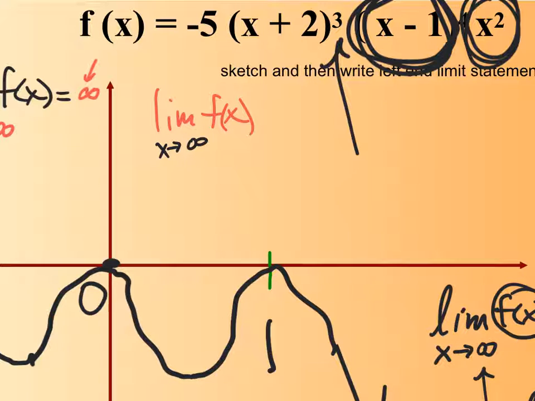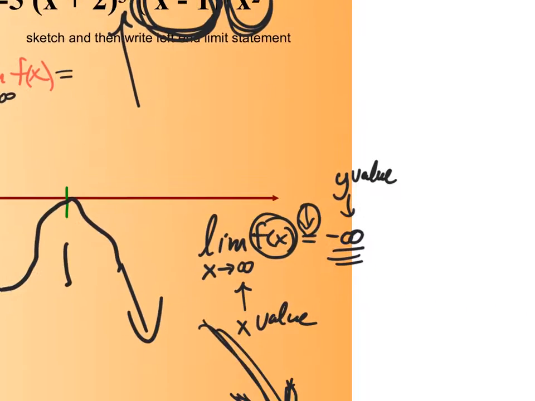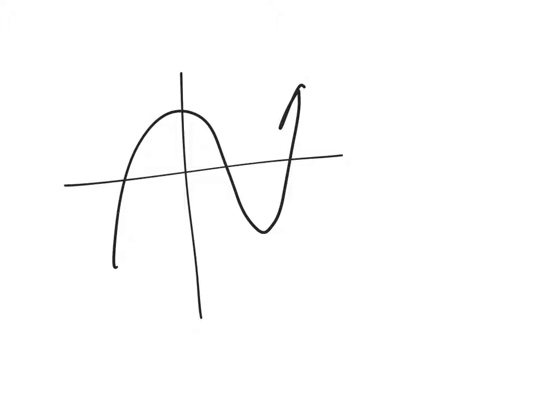Just kidding. Okay, so I'm going to give you another one, and I'll give you the picture. I'd like you to write the limit for the right side, and then on the left side, write the limit for that. Go ahead, give it a try.